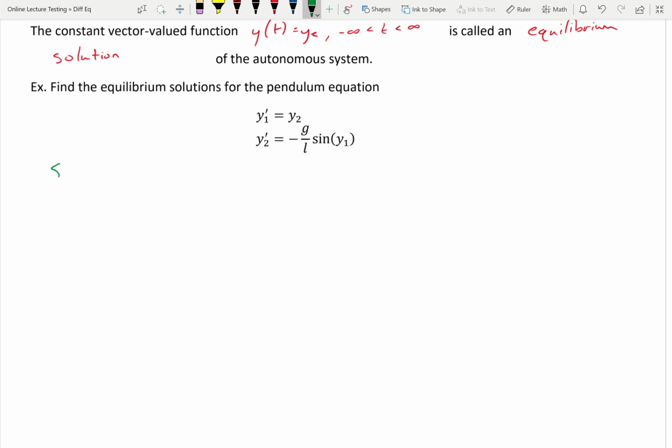Our solution here: we're going to rewrite this so we can get it in terms of vectors. Here y is equal to y1, y2, and f of y, when we plug it in, is our functions: y sub 2, negative g over L sine of y sub 1.